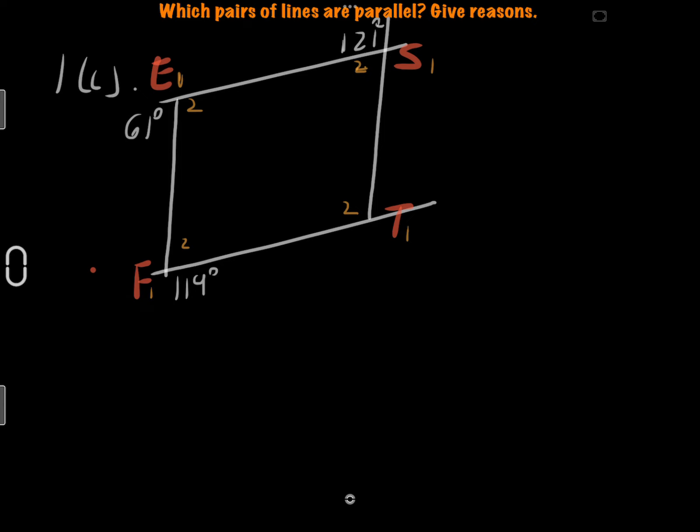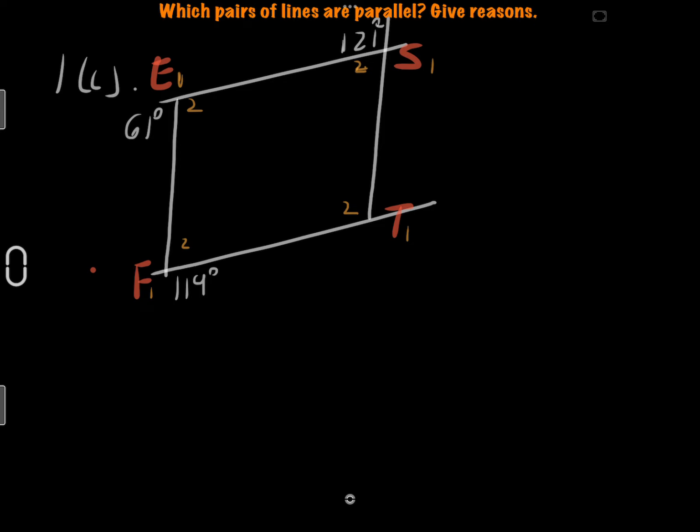So those are the 3 angles that are given. Now we need to determine whether there are pairs of parallel lines in this figure. Again, for the second example, example 1b, we looked at cointerior angles. In example 1a, we looked at alternate angles.